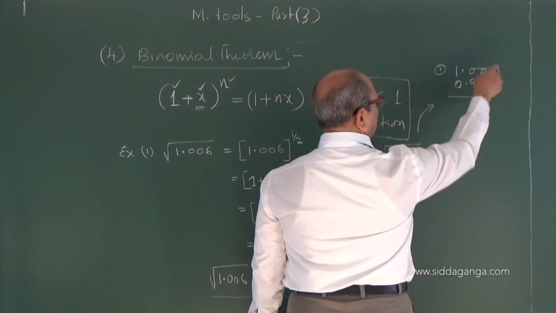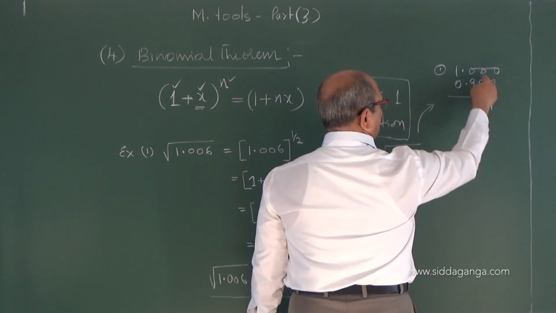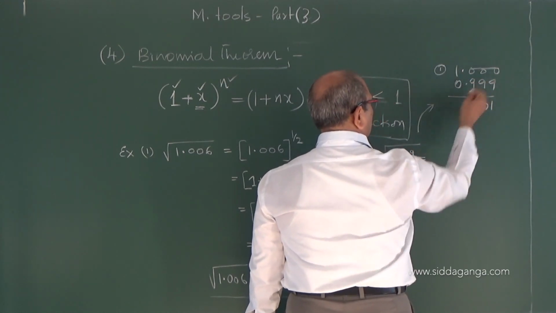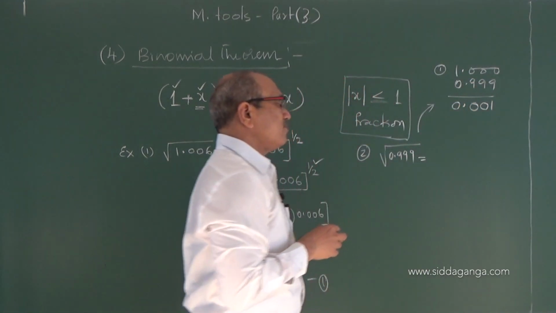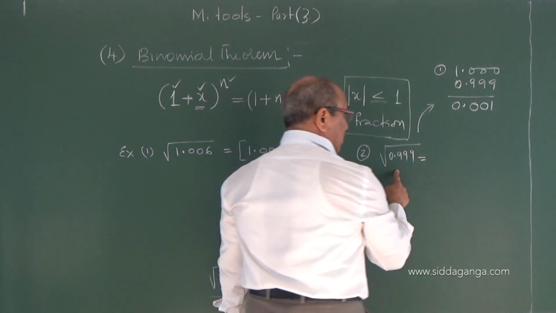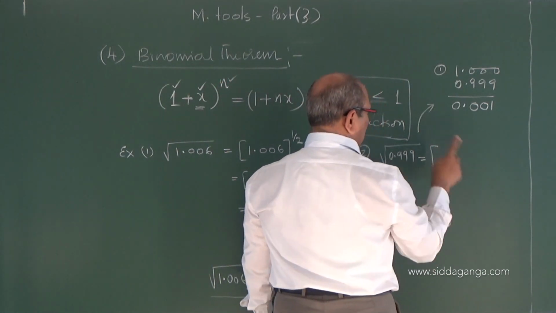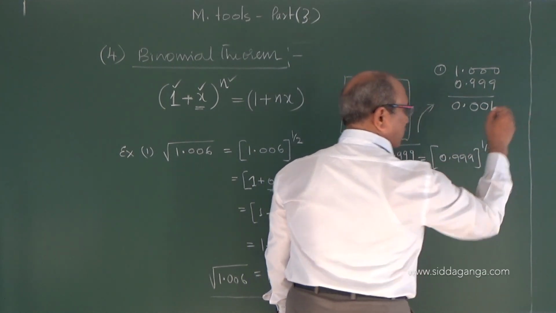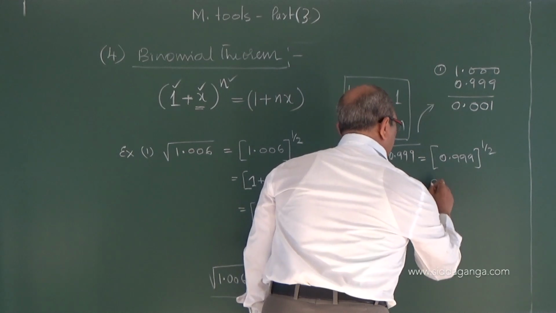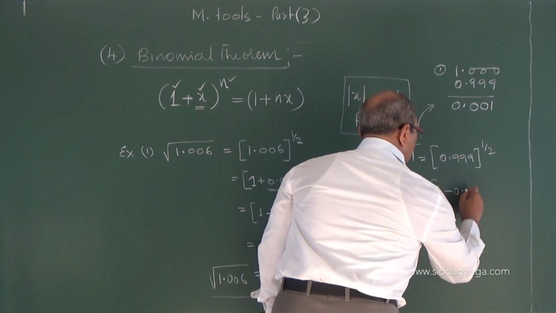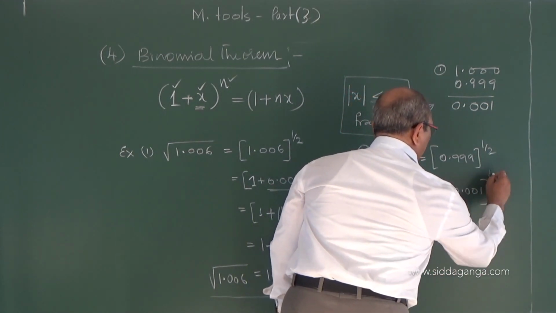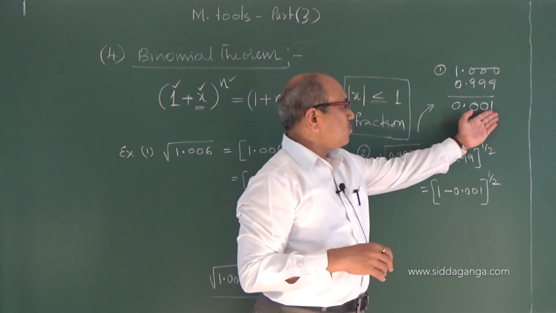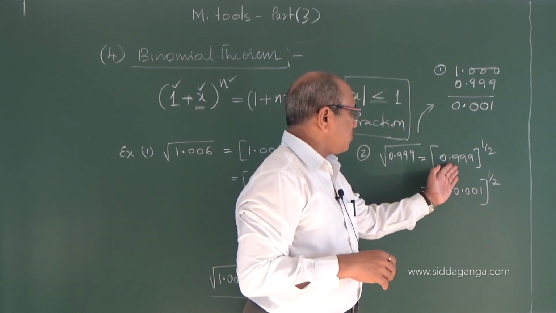What you will get: 10 minus 9 is 1, 9 minus 9 is 0, 9 minus 9 is 0. That means I can write this, 0.999 to the power half, as (1 minus 0.001) to the power half. Possible to write? Is it not? 1 minus 0.001 is 0.999.